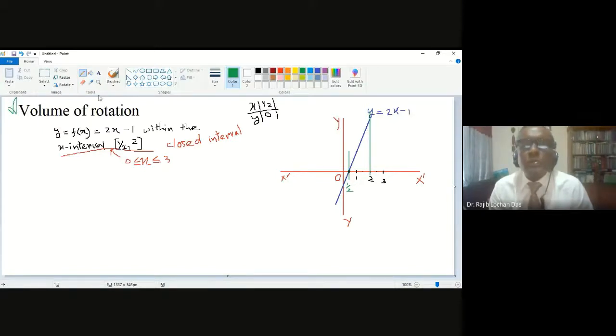Now we are talking about volume of rotation. Volume of rotation means if you rotate this plate, say this is a yellow color plate, there will be something like this, and the rotation will be something like this.